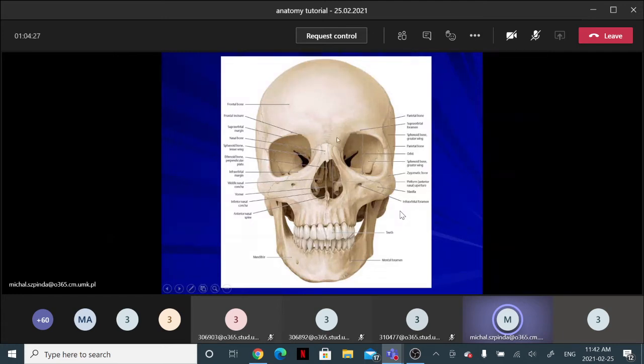And its remnant is visible in most skulls only inferiorly, but in some 7% of adult people, it's complete. So the frontal suture is complete in some 7% of the population.